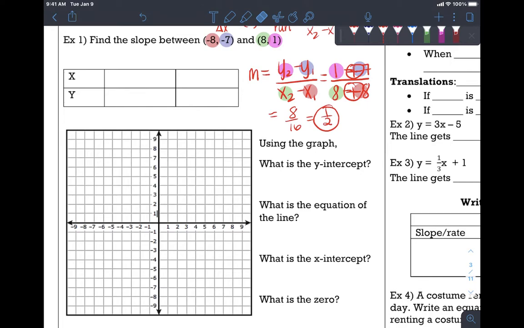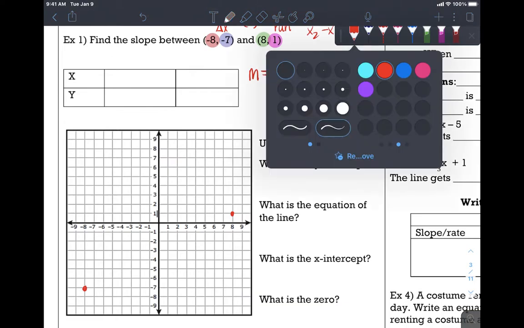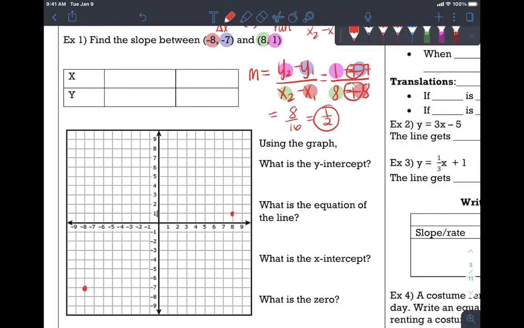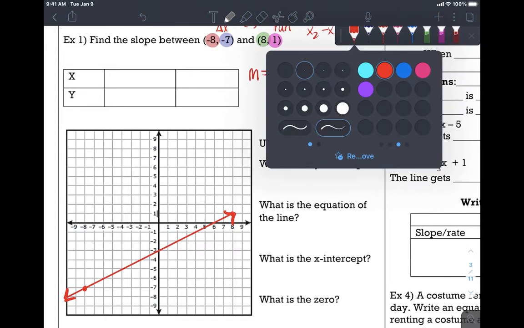All right, so here they're asking me to graph it, so I'm going to go ahead and take my 2 points, -8, -7, as well as +8, +1. I'm going to go ahead and connect them to the best of my abilities here. Okay, so I got those guys connected.